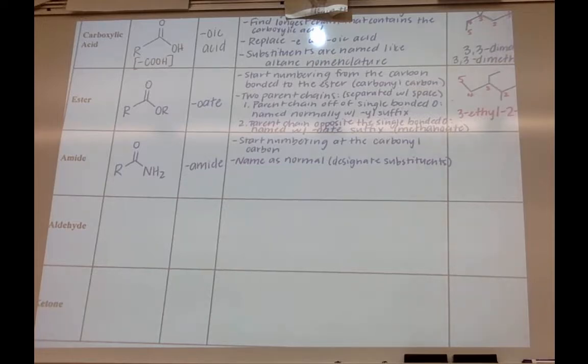Where it gets a little weird with amides and amines, if you looked at that functional group intro, you saw some of the molecules had an N instead of a number to designate substituents.